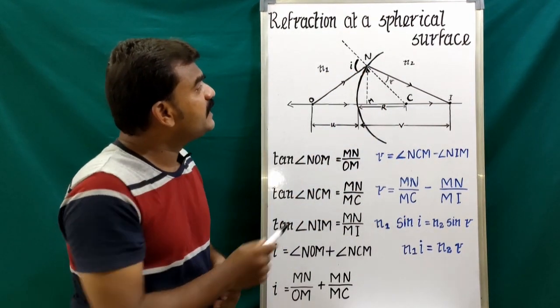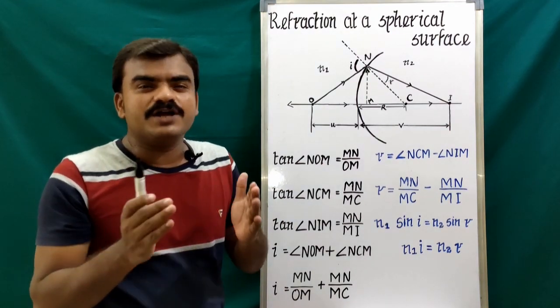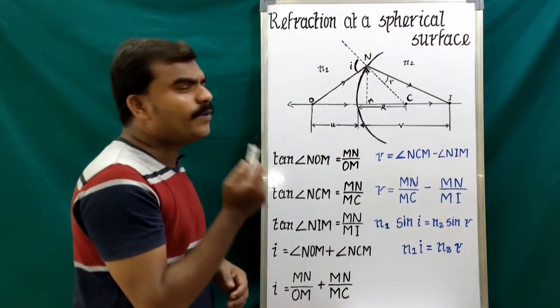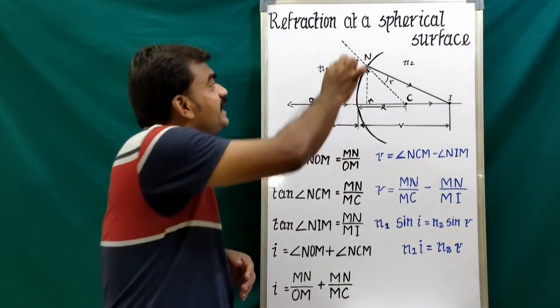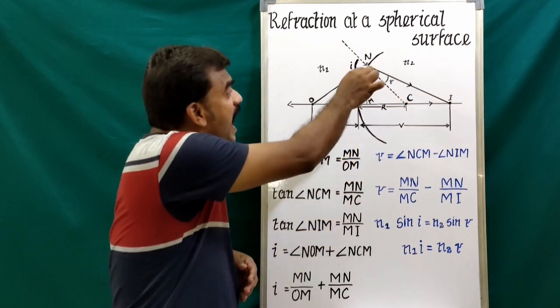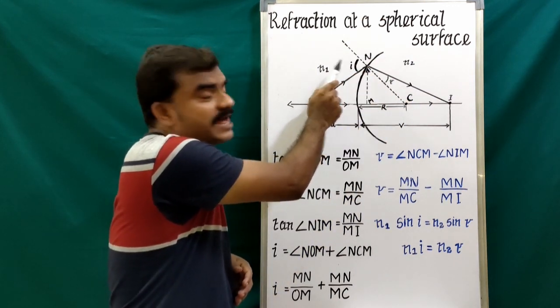So we can get the exterior angle. Yes, try to remember our lower class mathematics. What is the exterior angle? The angle produced between the tangent line and the side attached with the triangle. So this is the exterior angle.